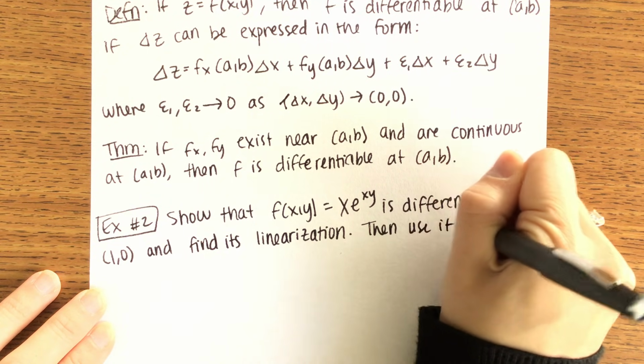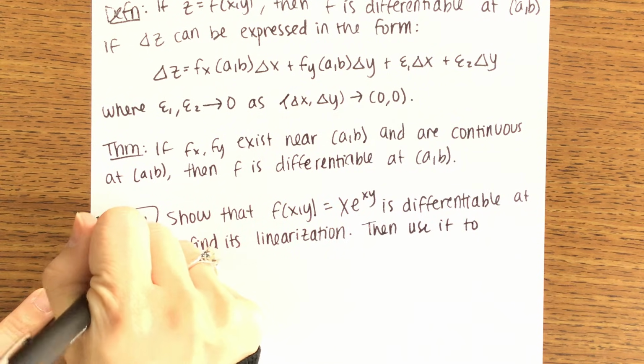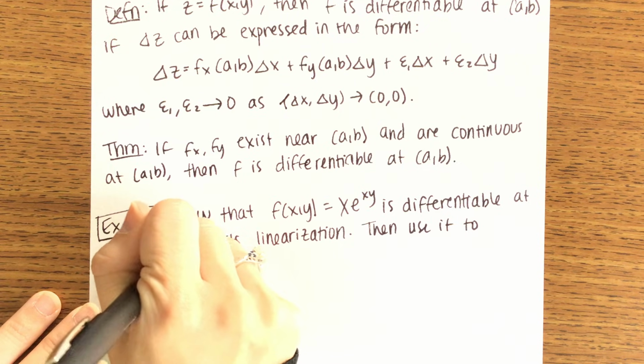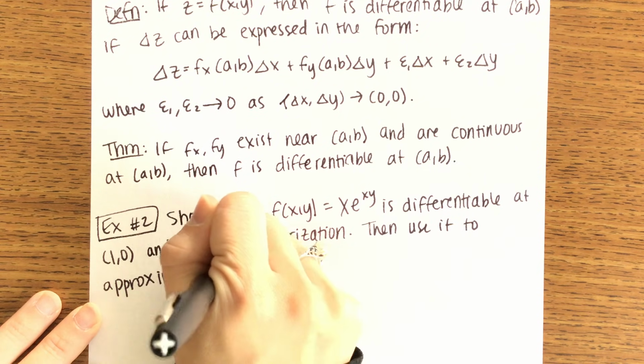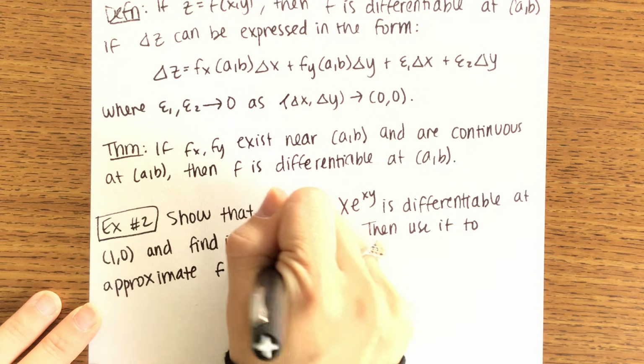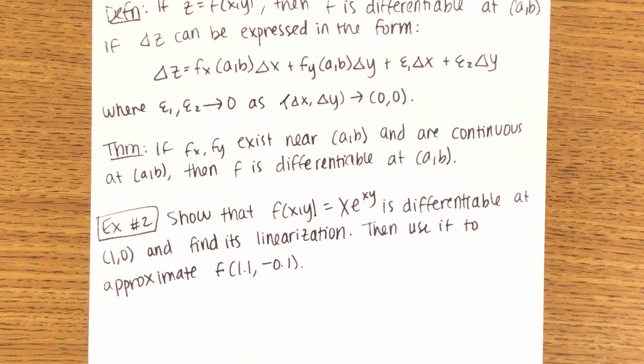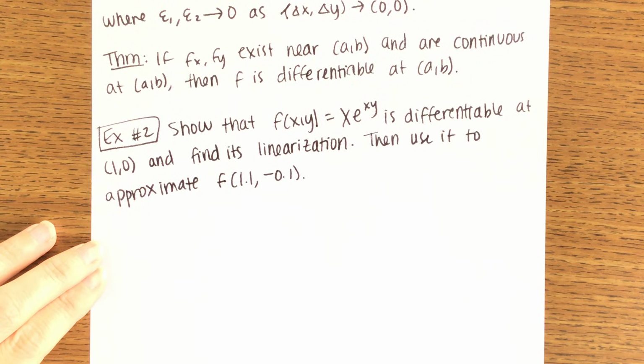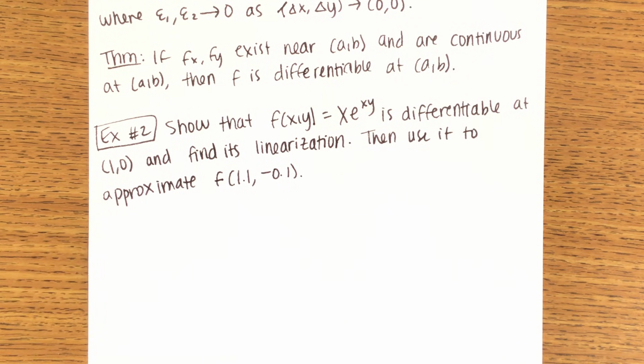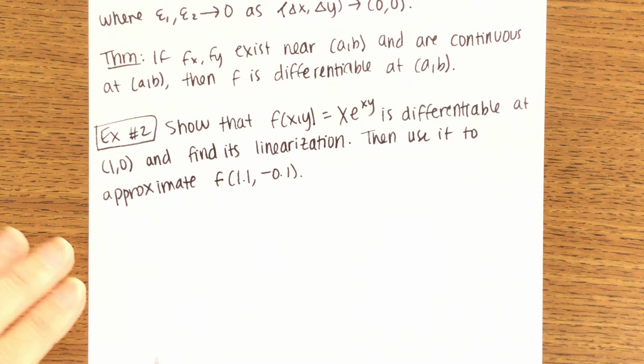Then we are going to use that linearization to approximate f of 1.1 comma negative 0.1. We have to do two things: show that the function is differentiable, find the linearization, and then use it to approximate.